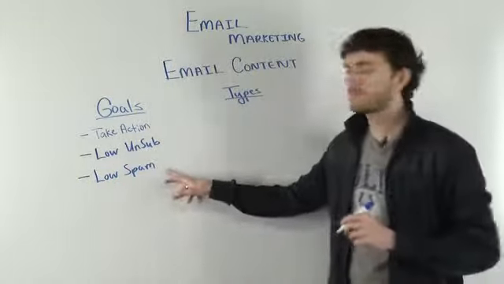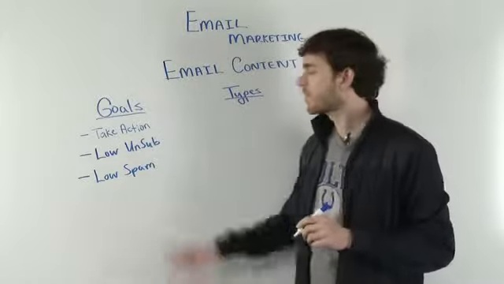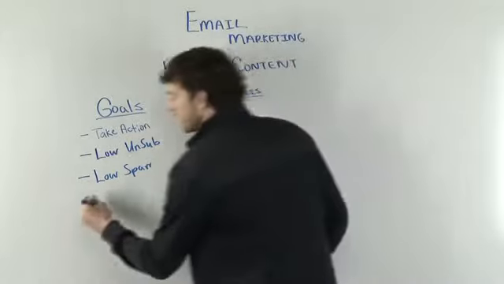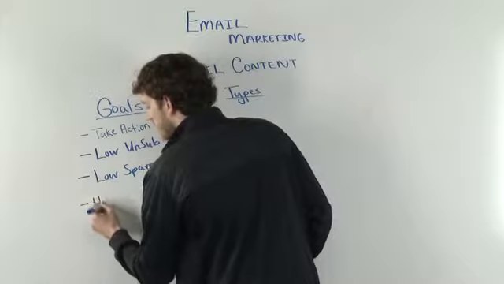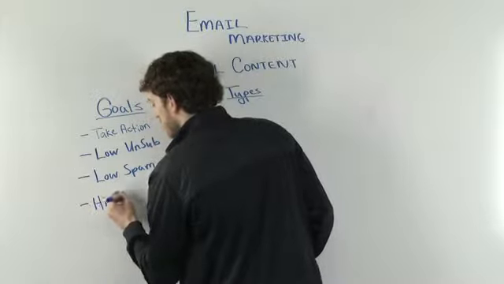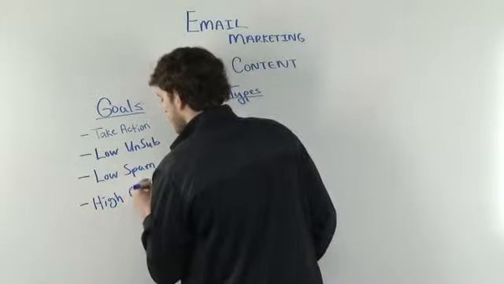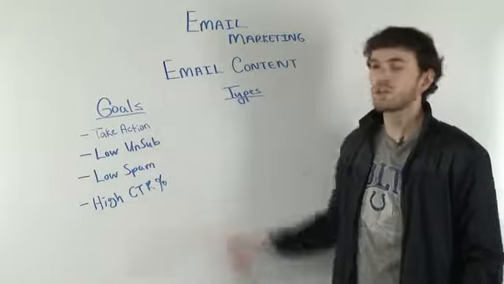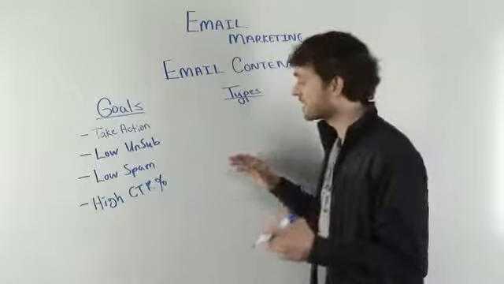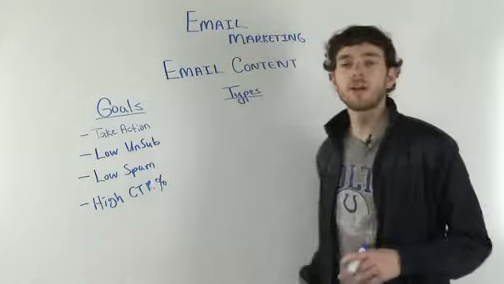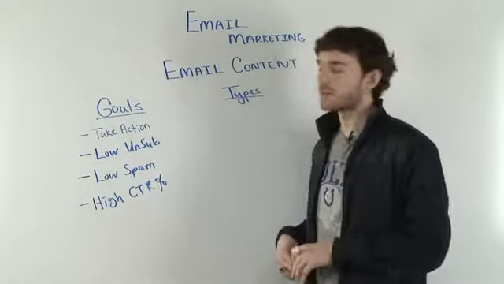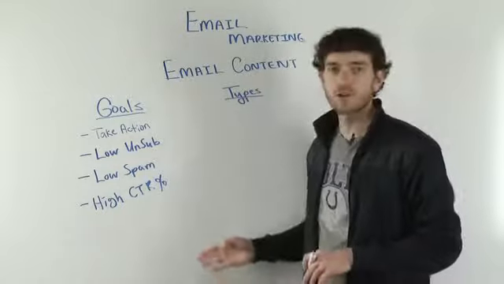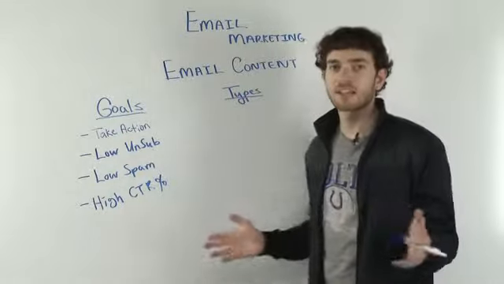You don't want people to report your email as spam, okay? And then you want to get a high click-through ratio percentage. That's the same thing as taking action. You want to get people to actually click through on the email and go to wherever it is that you're promoting. So in order to make these goals happen, a few things have to take place.